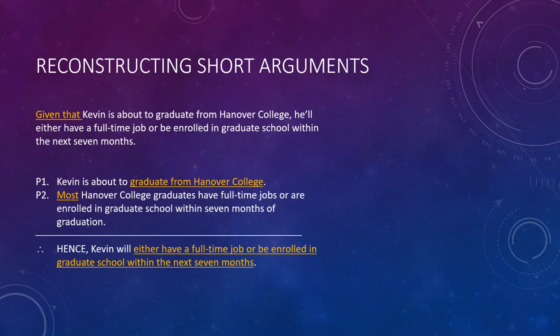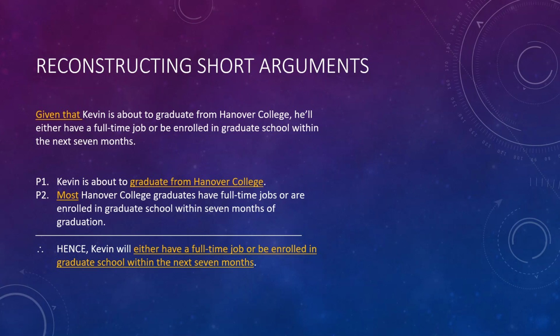Why not use a universal generalization? Hopefully it's pretty obvious. Despite a very solid track record of Hanover College graduates, it's not 100%. Probably no university has 100% job placement or grad school placement record. So we don't want to put in here an assumption that's simply false, right?